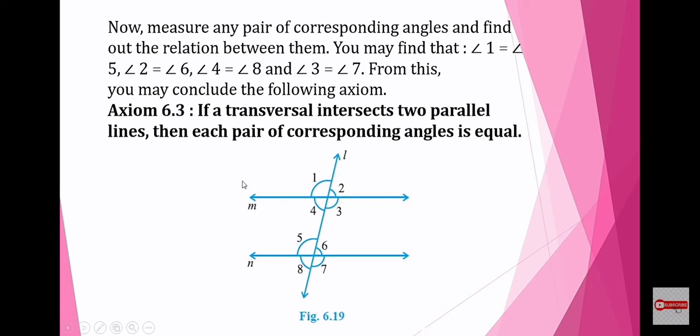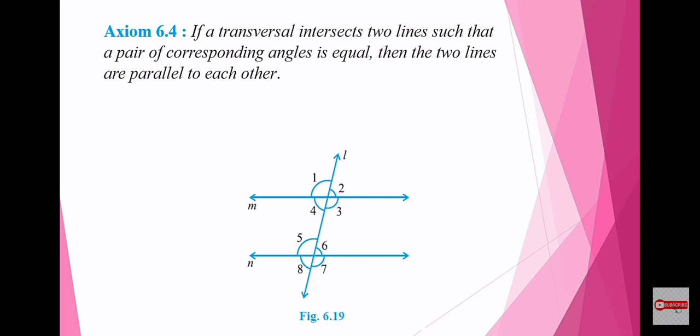From this figure, you can see that angle 1 is equal to angle 5, angle 2 is equal to angle 6, angle 4 is equal to angle 8, and angle 3 is equal to angle 7. They are the corresponding pairs of angles. Since these lines are parallel, all these angles are equal.